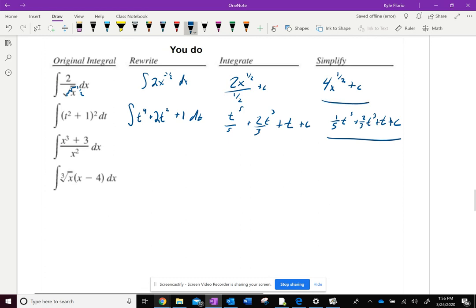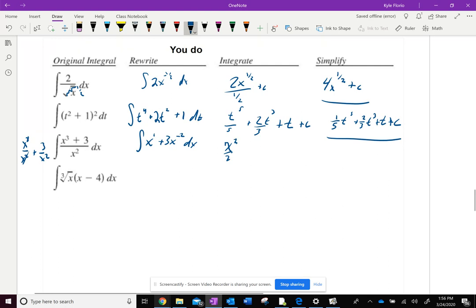Next one, again, distribute the denominator. This is really x cubed over x squared plus 3 over x squared, which would simplify to x, right? These two are going to cancel out 2 of those, and I have 1 left over. 3 over x squared is the same thing as 3x to the negative 2. And the antiderivative of x is going to be, let's see, this is x to the first, so you're just going to add 1 to that, and you get x squared over 2.